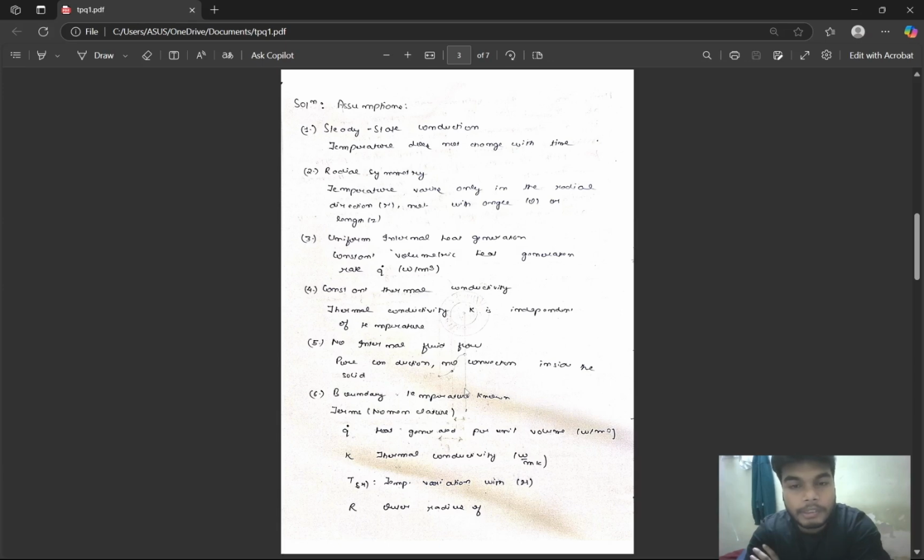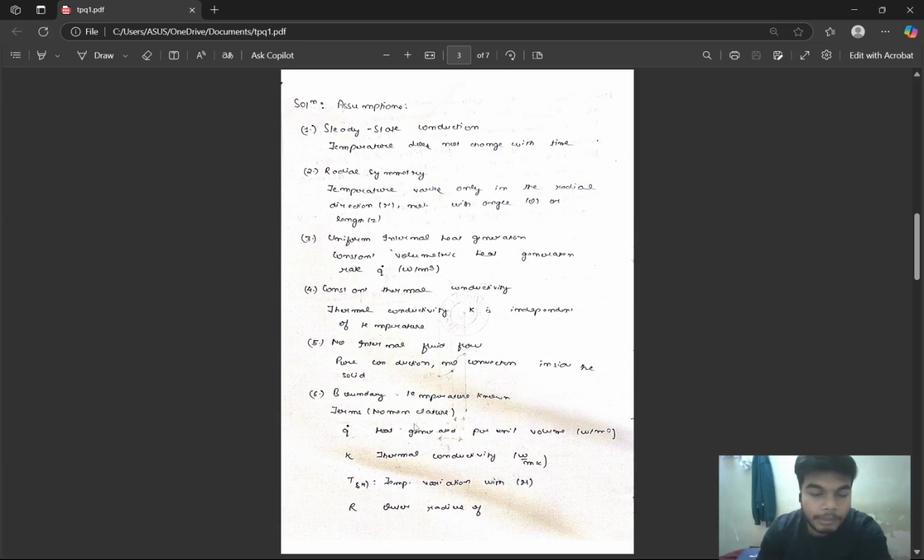Third, uniform internal heat generation: constant volumetric heat generation Q, whose unit is watt per meter cubed. Fourth, constant thermal conductivity: thermal conductivity K is independent of temperature. Fifth, no internal fluid flow: pure conduction, no convection inside the solid.